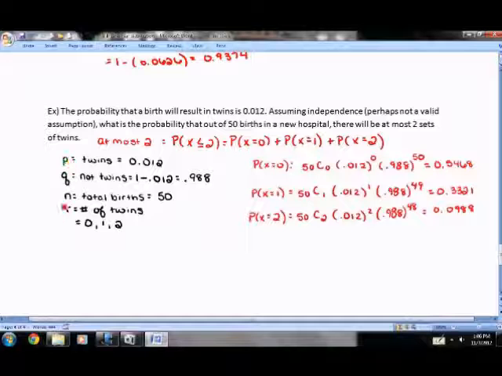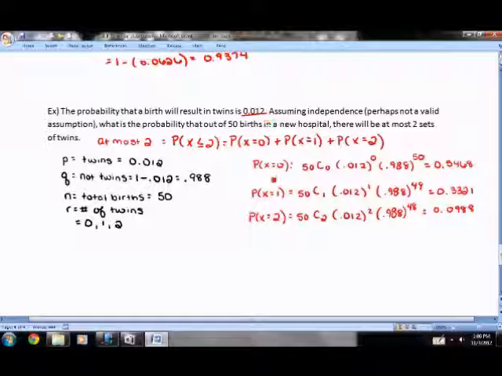We need to figure out our p and our q. It says the probability that you will get a twin is 0.012, so the probability of not getting twins is 1 minus that amount, 0.988. The number of total births is 50, so n is 50, and r is the number of births that result in twins. For us, we want 0, 1, and 2.